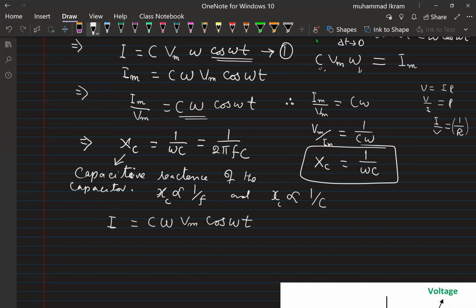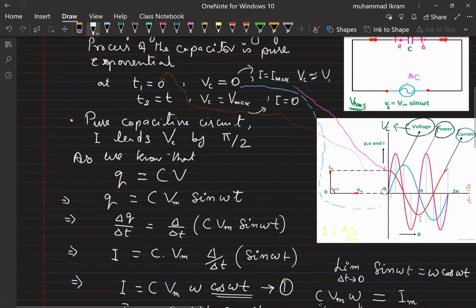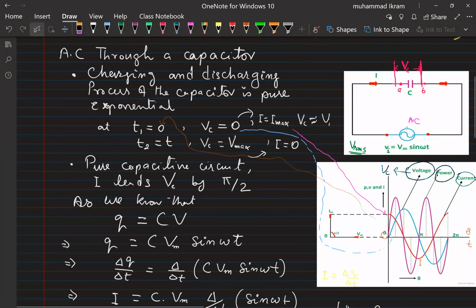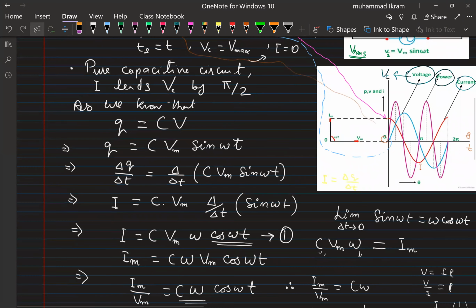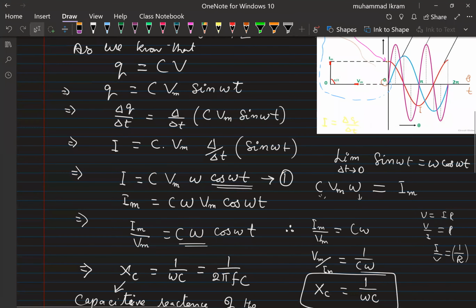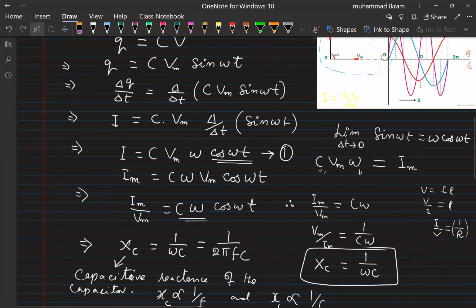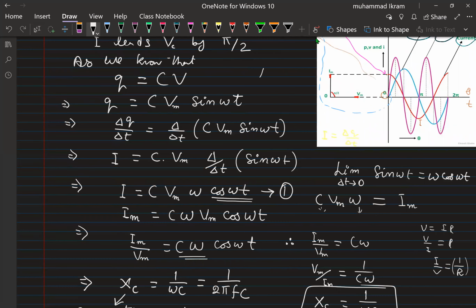Now this Vm is the potential difference across the capacitance, so this Vc is equal to Vm in our equation.